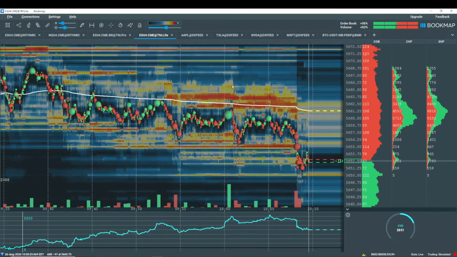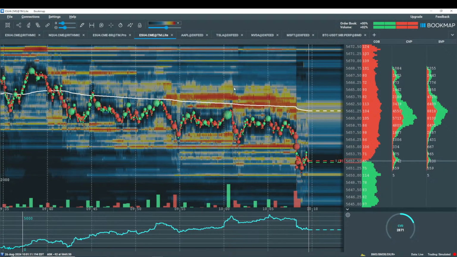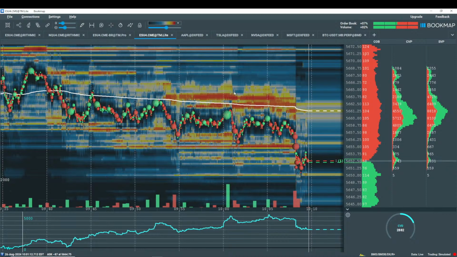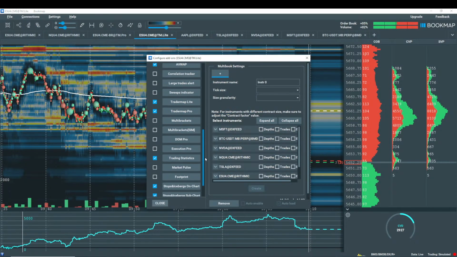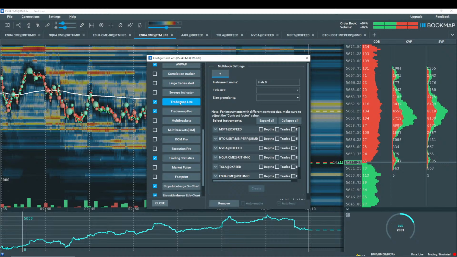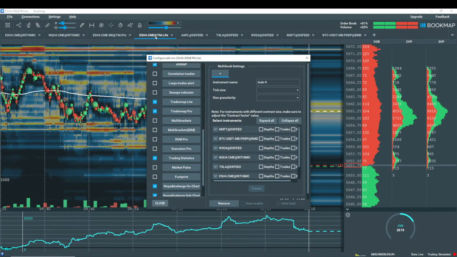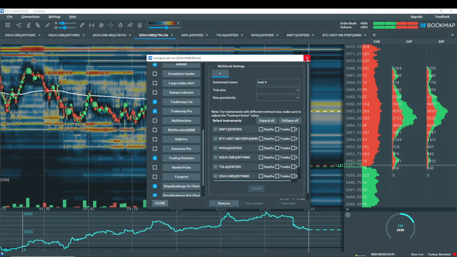This is free to everybody who has CME group futures. It will work very nicely. It's a bot remover, and you can very quickly and easily just add it here. TraderMap Lite. There are no settings for it. Just add it, and it'll open up this instrument here, and it says TraderMap Lite right here. And you're good to go.